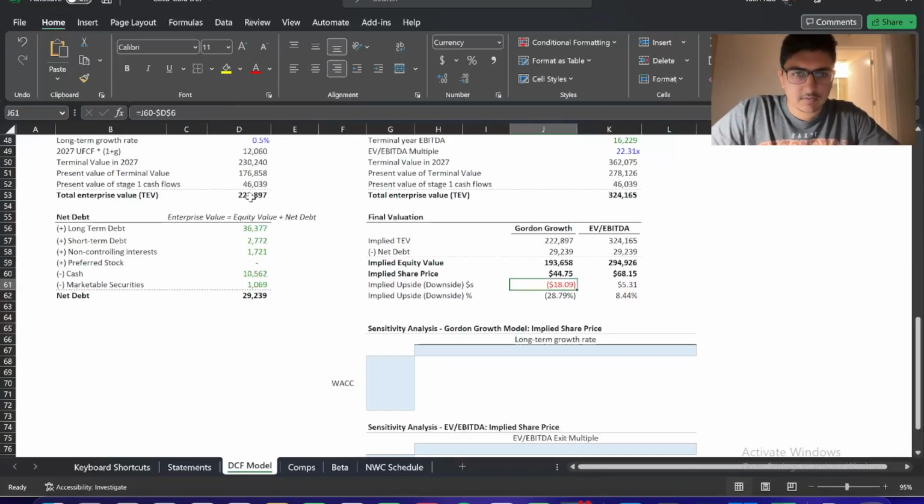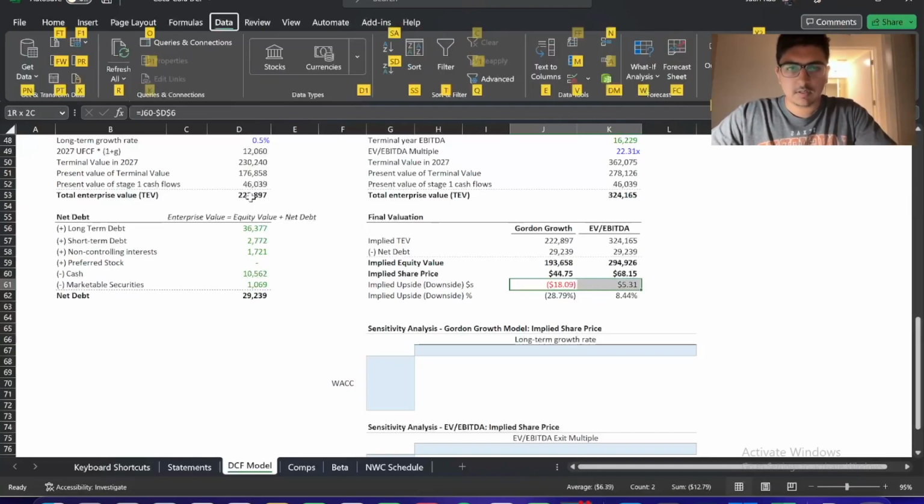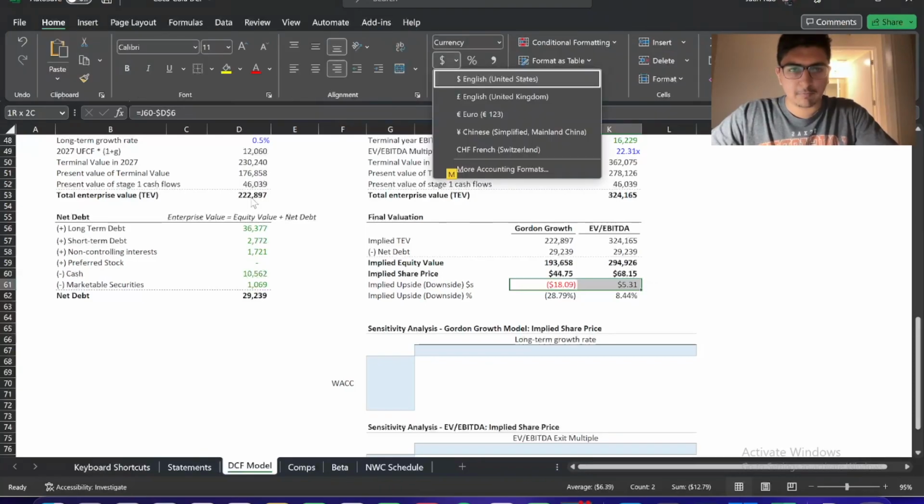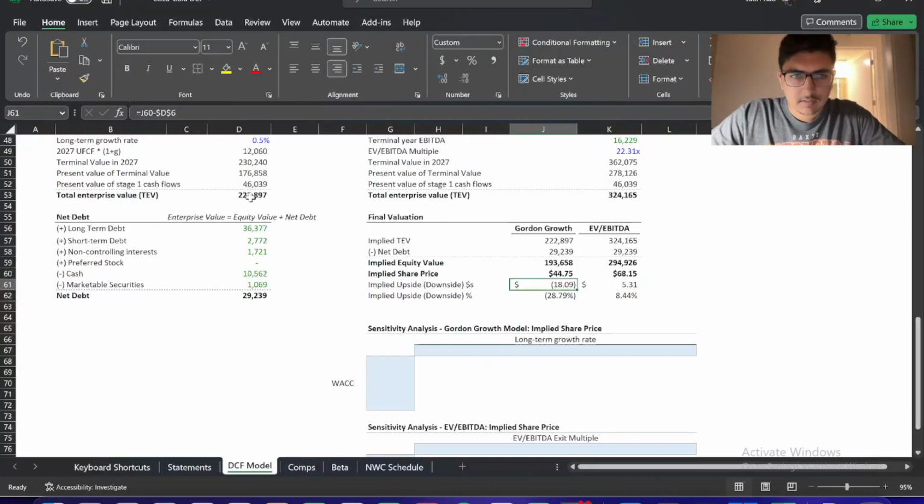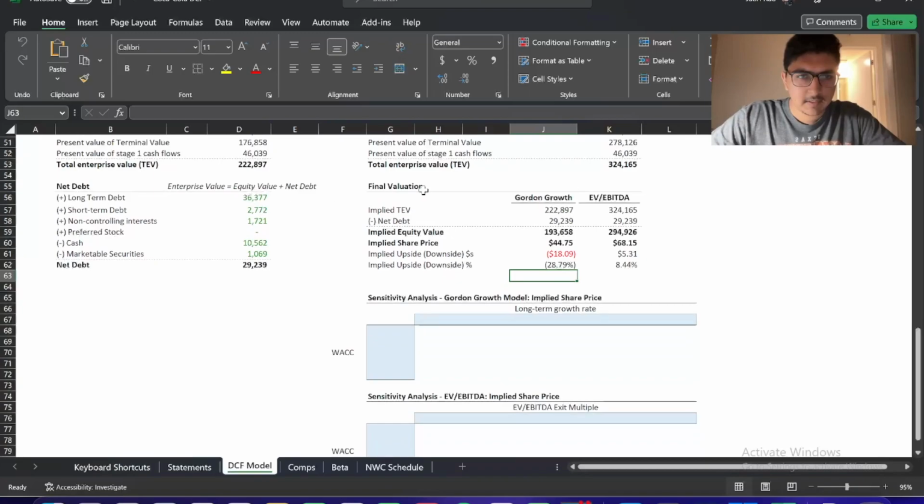I don't know if I'll make this red or not. We don't need to worry too much about formatting here. Let's see if it looks better in accounting format. I don't like it too much. Okay, so it's showing downside. Okay, that is totally fine.